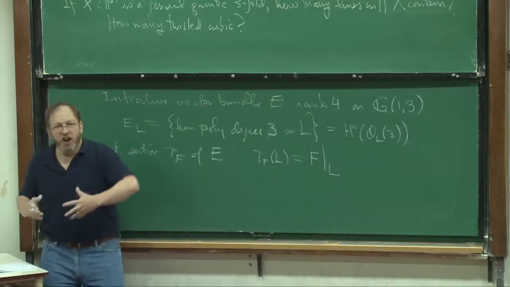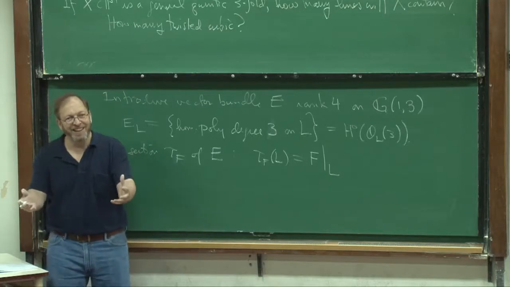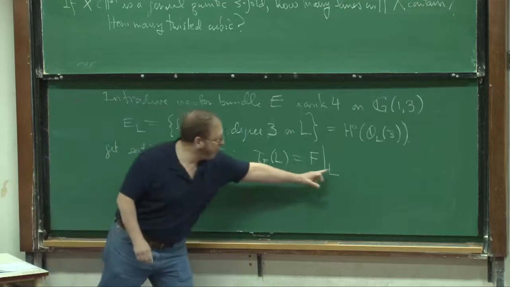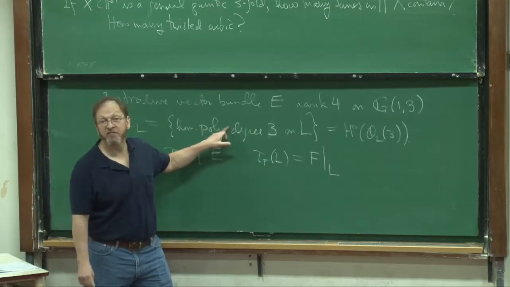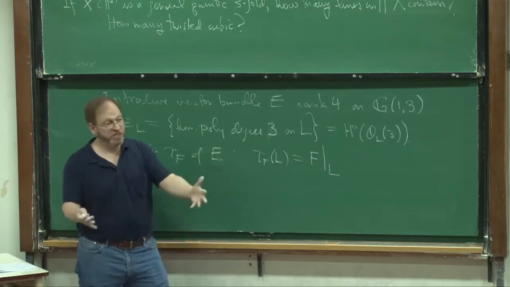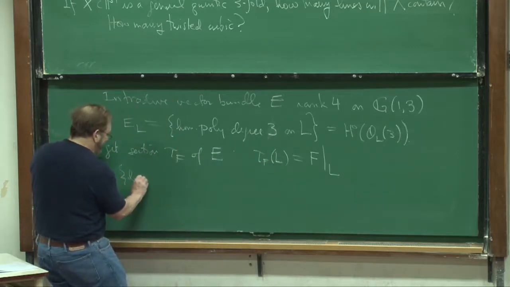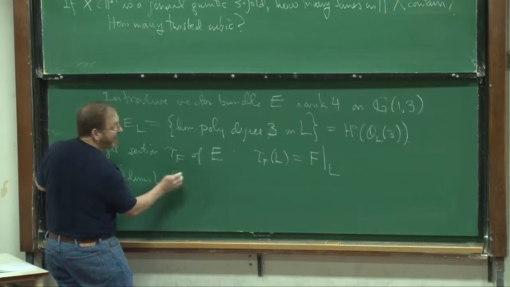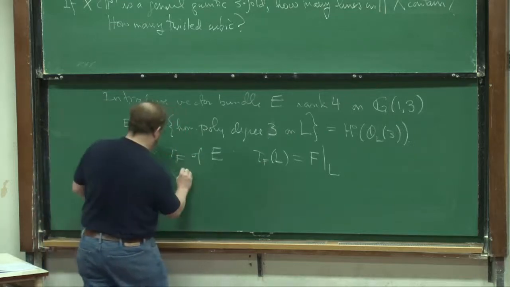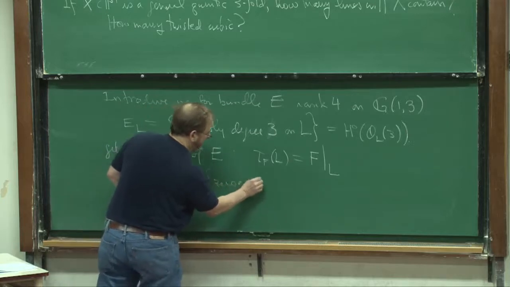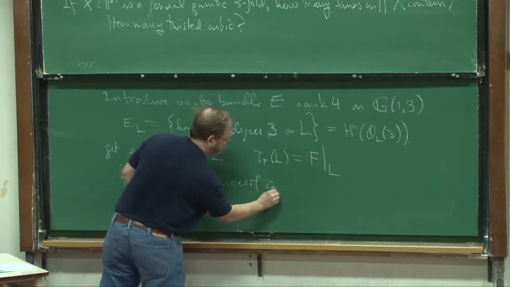In other words, if I have a homogeneous cubic polynomial on all of P3, its restriction to each line gives me an element of the corresponding vector space, and that gives me a section of this vector bundle. And the set of lines L contained in S, again, S is the 0 locus of f, is exactly the set of zeros of this section tau f.